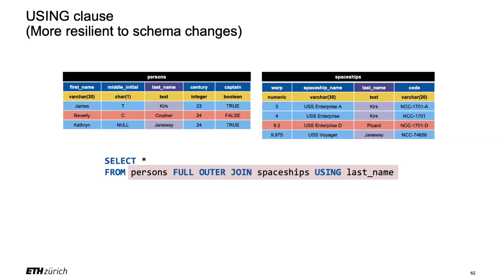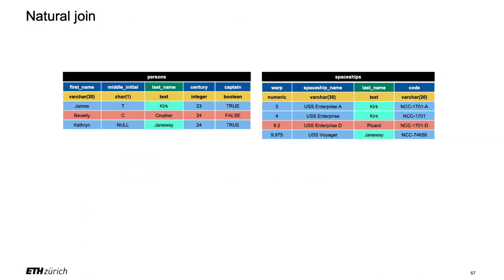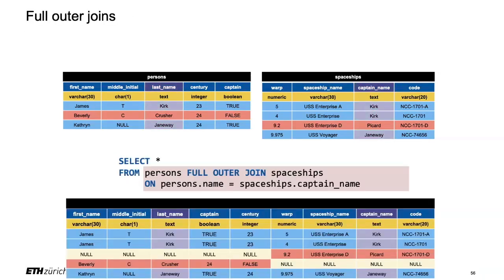All right. By the way, if that happens and you want to avoid such an unintentional match of columns, there is something simpler than the predicate. Remember that the predicate is with ON, right? So you have a full outer join ON, and ON is followed by the predicate.